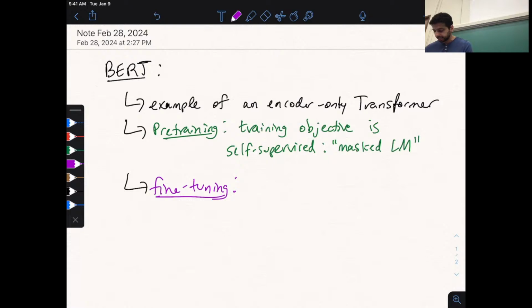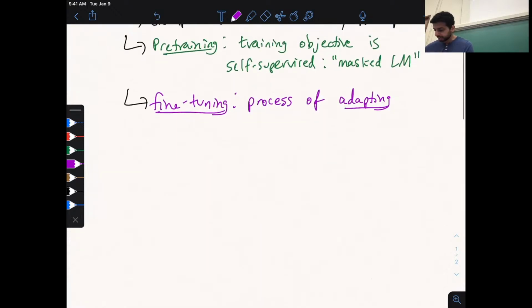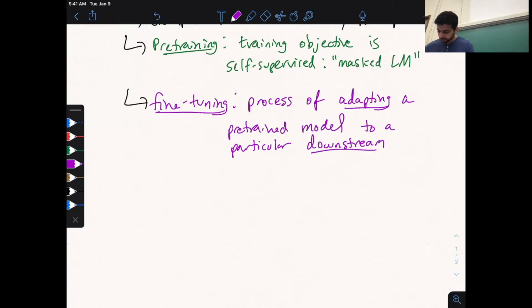So in fine-tuning, we're talking about a process of adapting a pre-trained model to a particular downstream task.